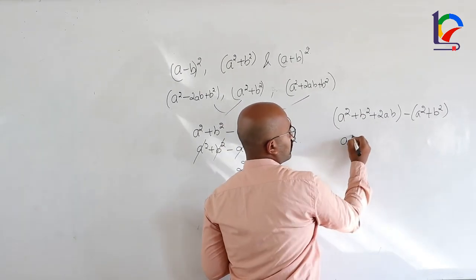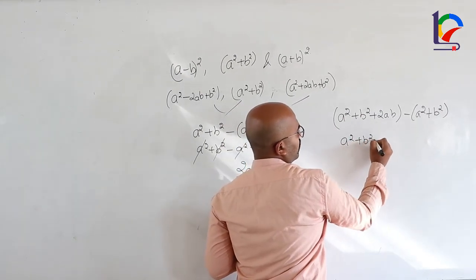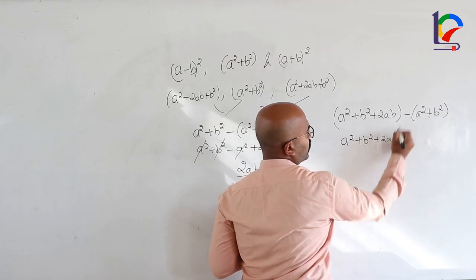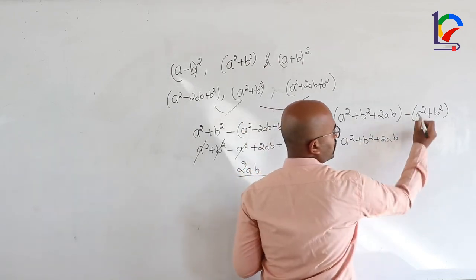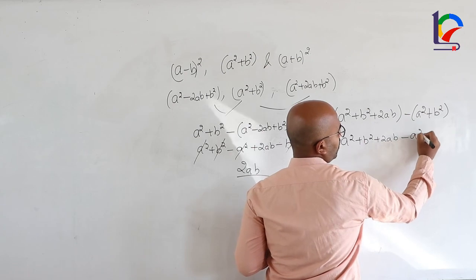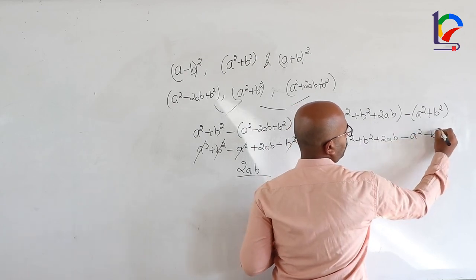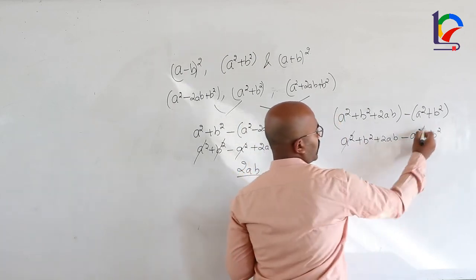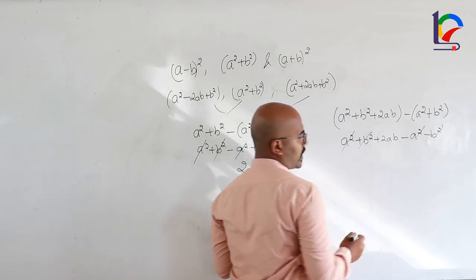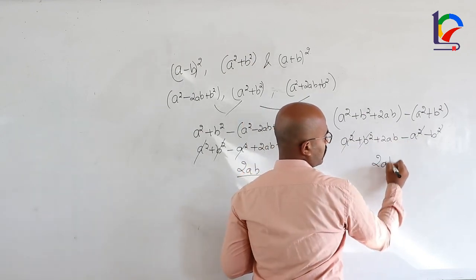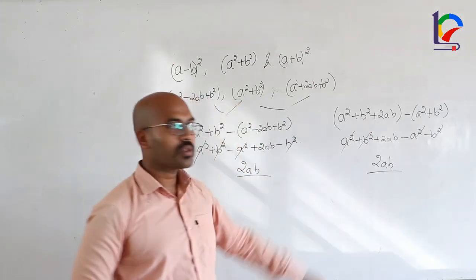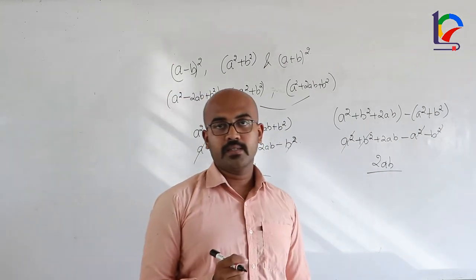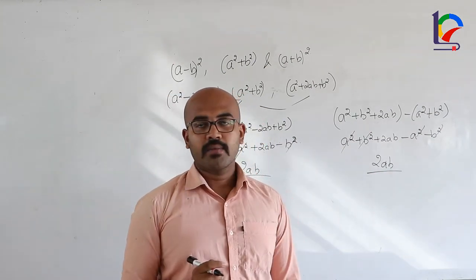So a square plus b square plus 2ab, minus into plus, minus a square, minus into plus, minus b square. So a square and b square got cancelled. I am left with 2ab. Since both the common differences are the same, hence they are in arithmetic progression.